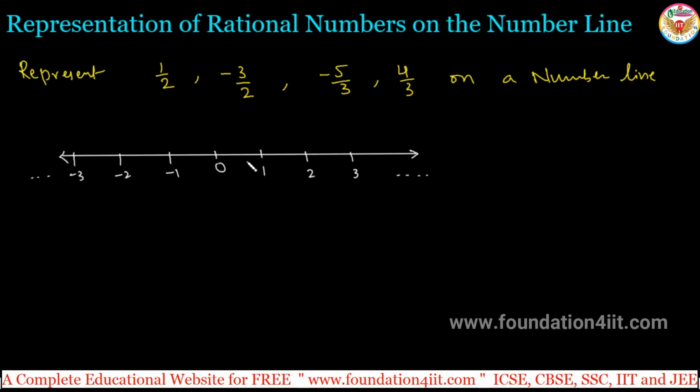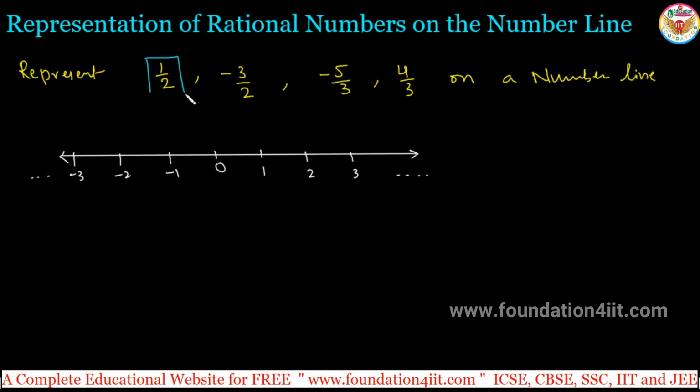Now to represent a particular number, for example 1 by 2 or minus 3 by 2, based on the denominator we can take the step. For example, the first question is 1 by 2, so the denominator is 2. Between 0, 1, 2, 3, this is 1 unit.